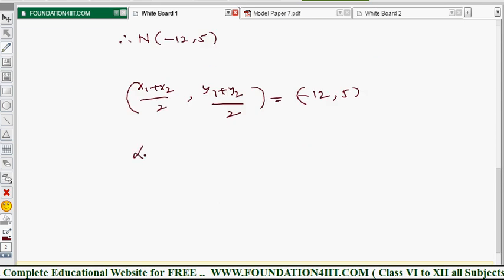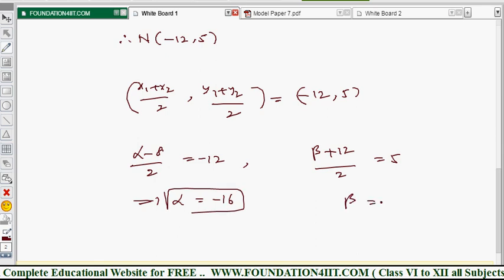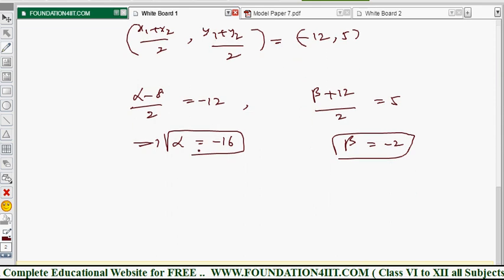If you apply it, (alpha - 8)/2 = -12 and (beta + 12)/2 = 5. From this alpha = -16, and from this beta = -2. You simplify and solve, right? Therefore, the image of P, that is P dash, is (-16, -2).